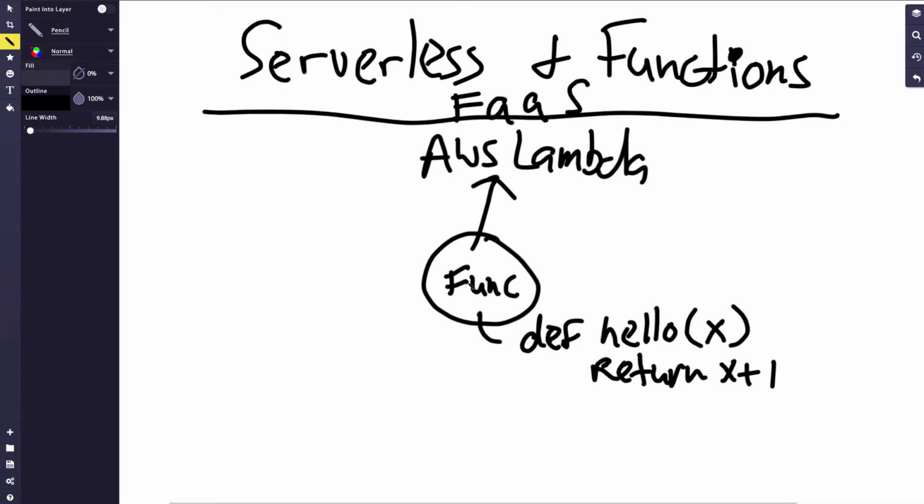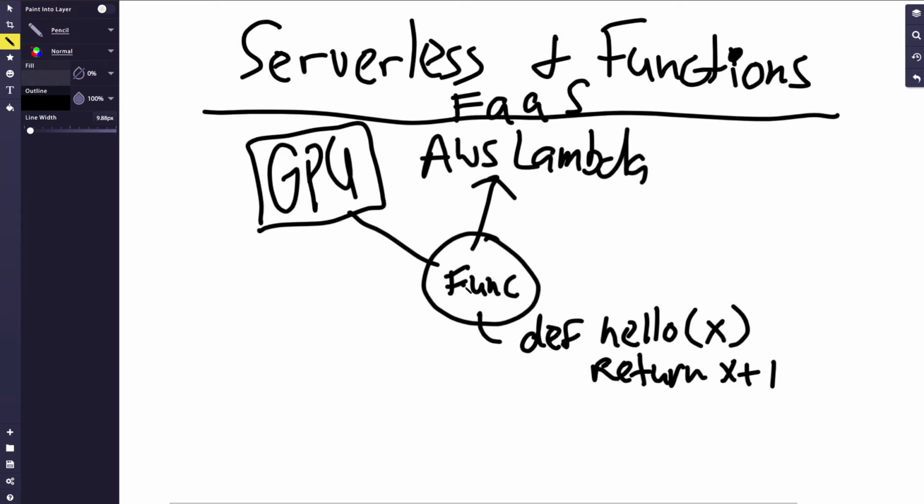Now, the concept of a function, though, is a very interesting concept, because outside of just building things in the cloud, this concept of a function also can be applied to other computer science techniques. So in particular, let's say that you want to do GPU programming, and I'm going to show you an example of this in a second. Well, you can do the same thing.